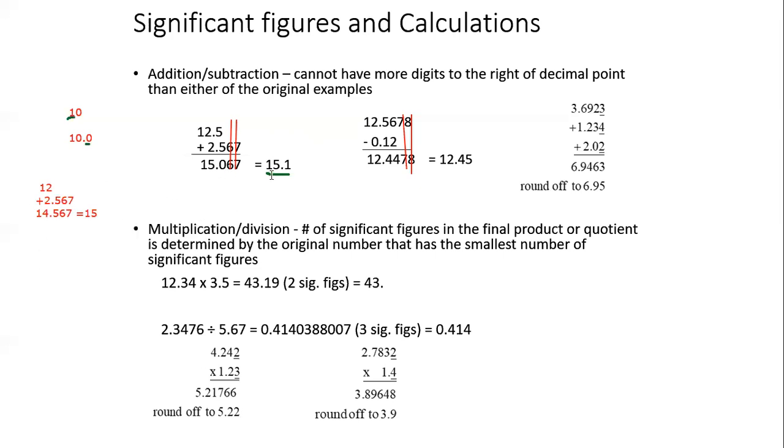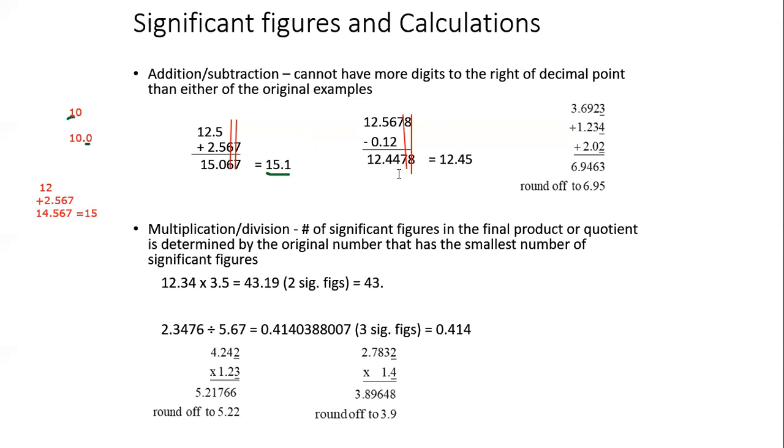Notice the difference in the two answers. When it's 12.5, we get 15.1. When it's 12, we just get 15. Likewise, if we take 12.5678 minus 0.12, we get our answer. Since 0.12 is only known to the hundredths place, our answer should be rounded to the hundredths place. So if you have addition and subtraction, that's the rule you need to follow.